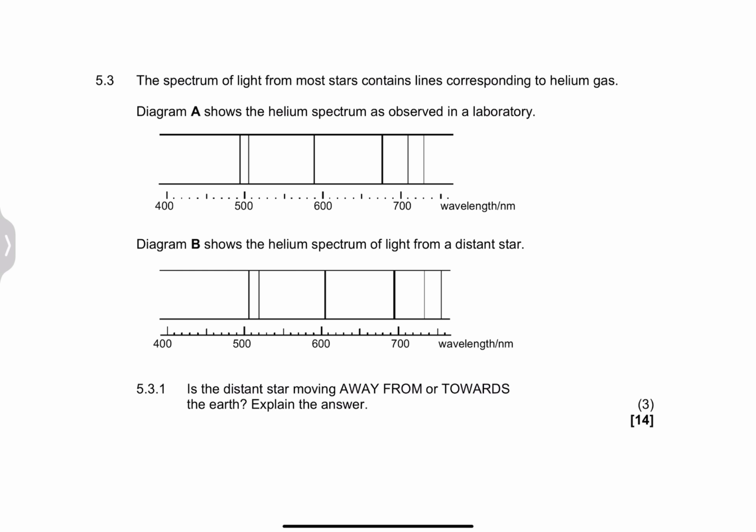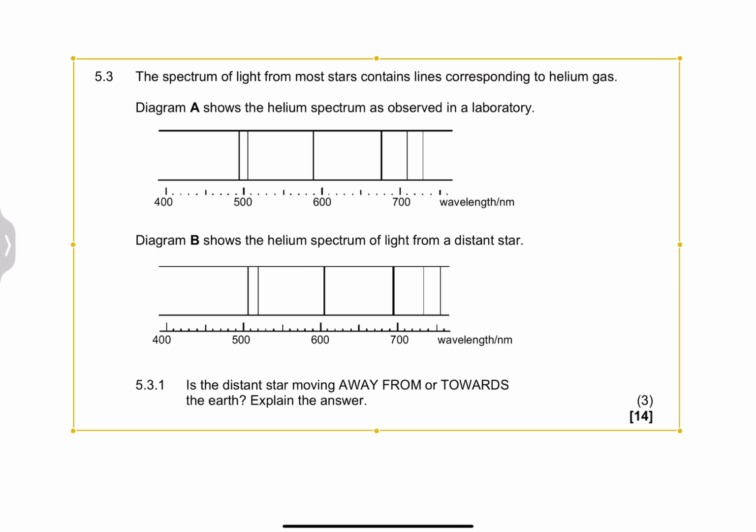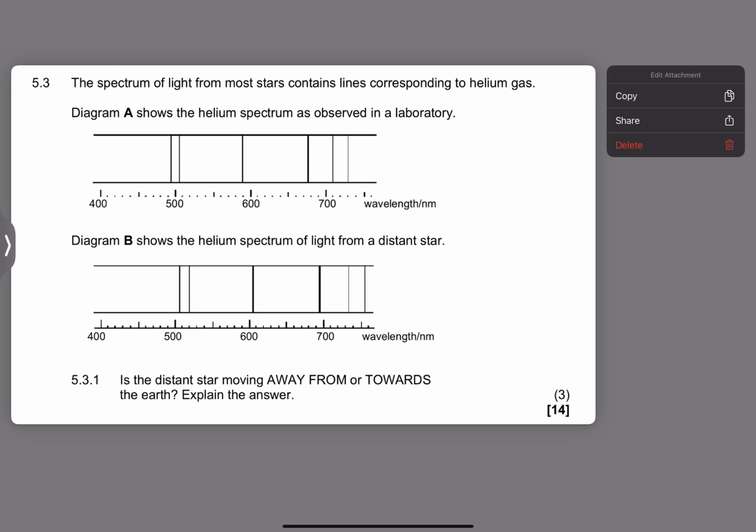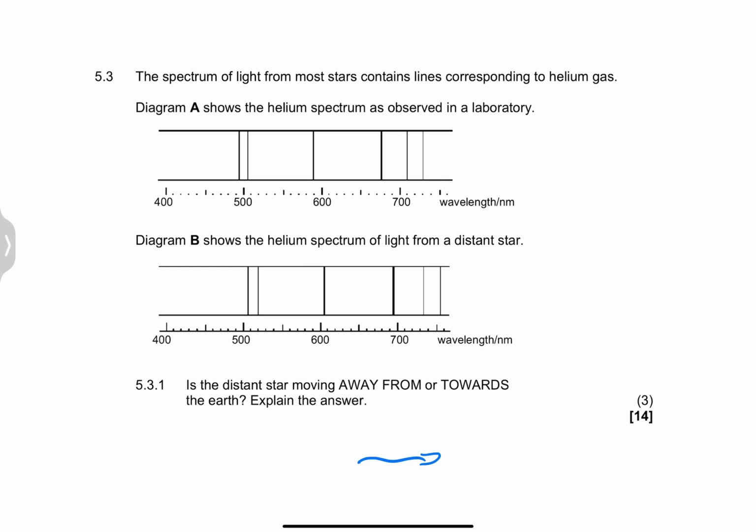Right, so let's first of all observe something. What do you notice? The line spectra, in this case our emission spectrum, you would see that these lines are now somewhat moved to the right hand side. So notice that my wavelength is actually increasing, going that way. Remember, an increase in wavelength means a decrease in frequency.